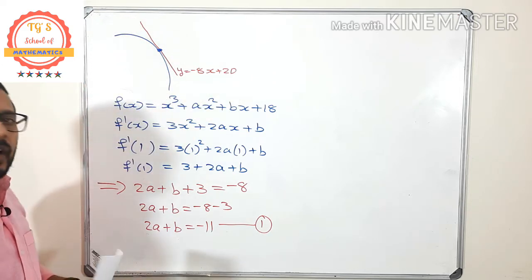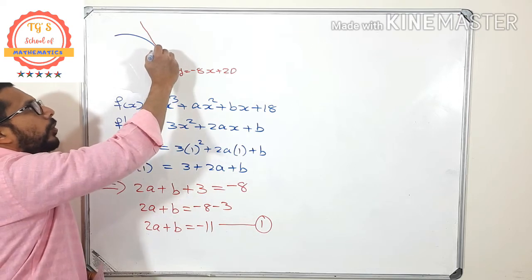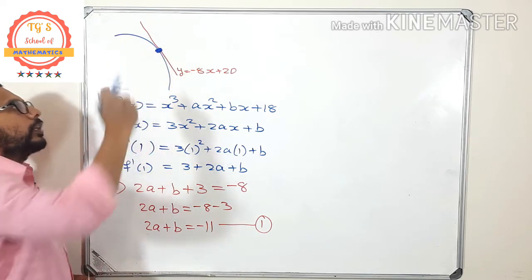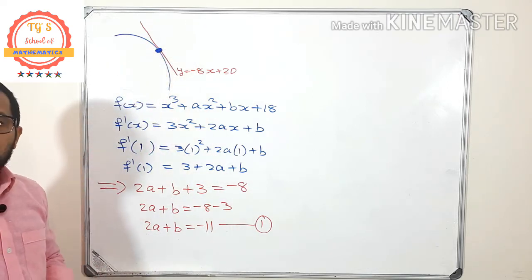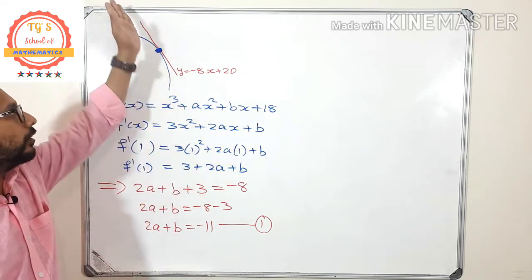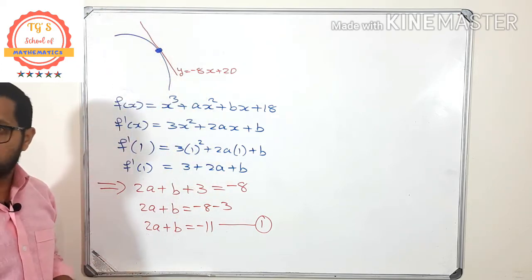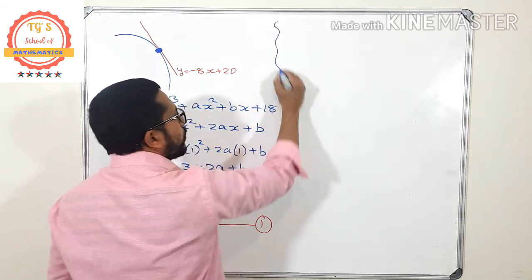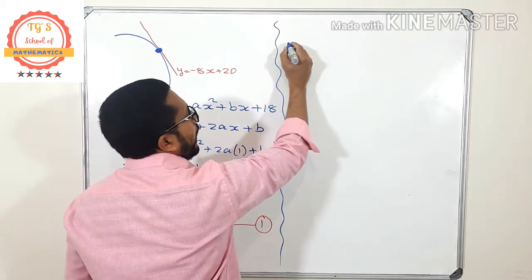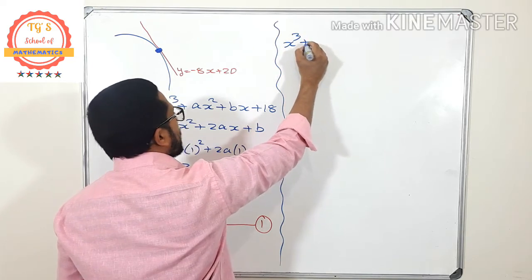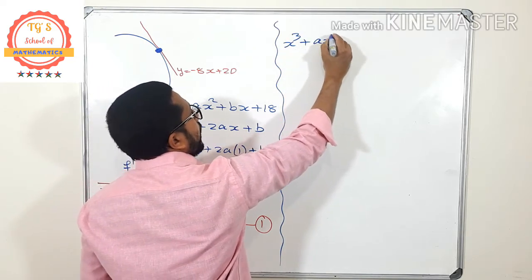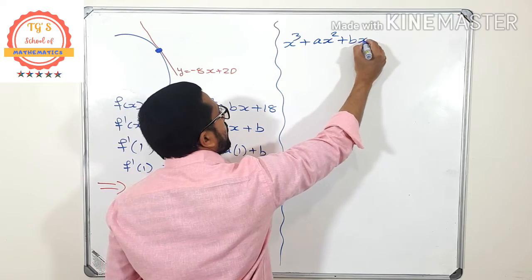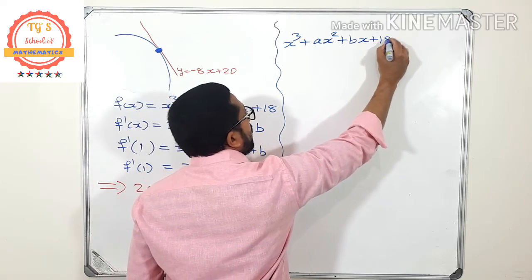Okay, so what about at this particular point? The equation of the curve and the equation of the tangent are the same. Am I right? Okay, so what is the equation of the curve? Equation of the curve is x cube plus ax square plus bx plus 18.